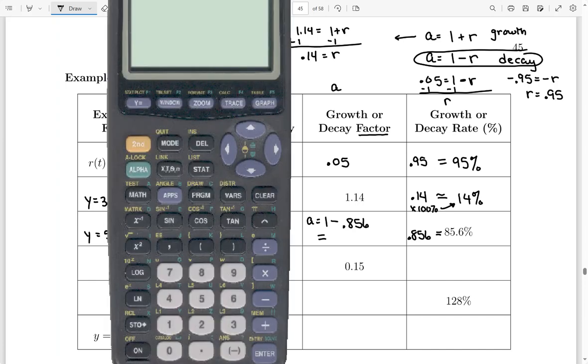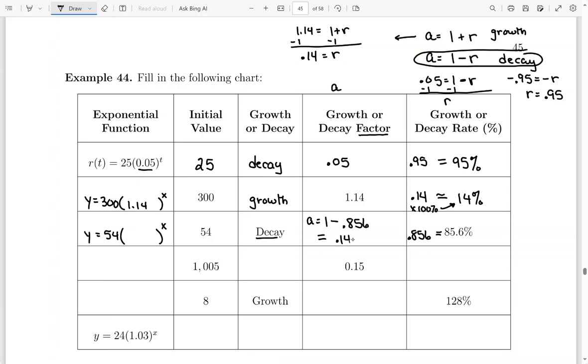Right, so with your little calculator here, 1 minus 0.856, 0.144. This is the number that goes right in the parenthesis here, so 0.144.